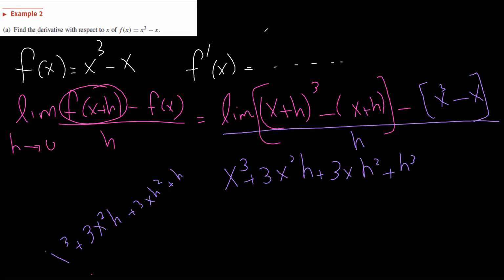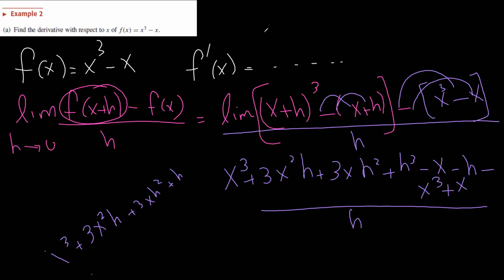This is for the first function. Now minus x minus h, because you put the negative sign in both terms. Minus x cubed plus x over h now. Here you have x cubed.